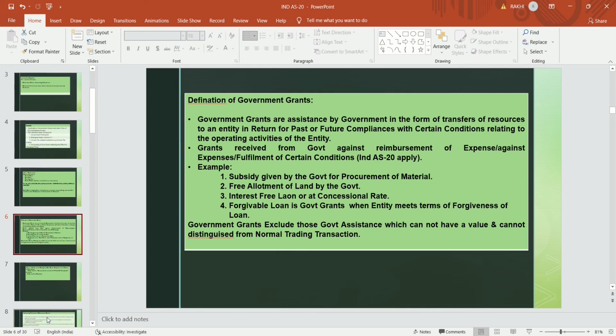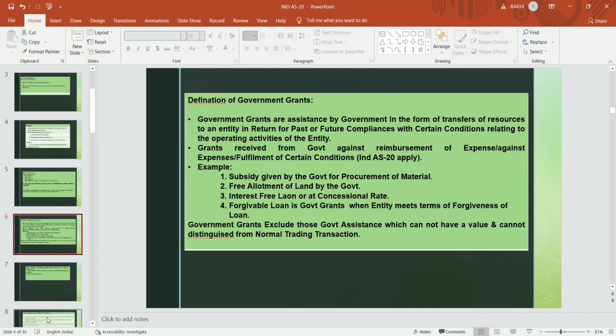It means government grants are assistance given by the government by transfer of resources to an entity in return for past or future compliance, whether the company has complied with the condition in the past, so the government is reimbursing that grant to the company, or the company will comply with that condition in future, so the government is giving support to the company to develop in advance.